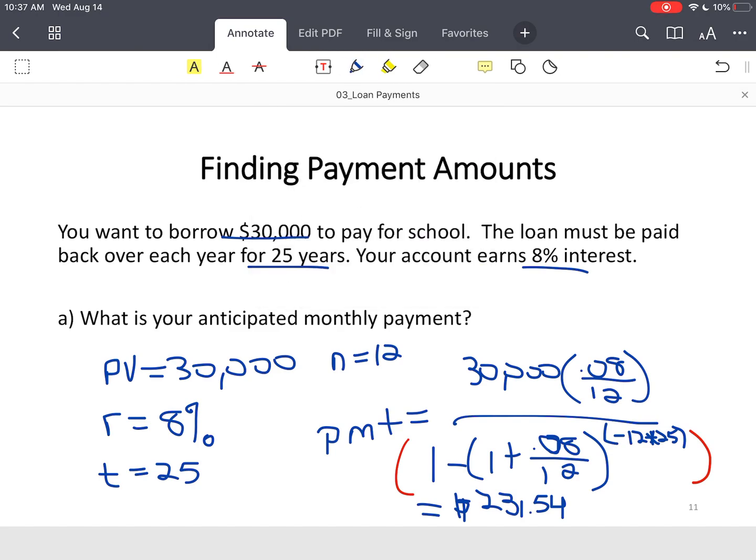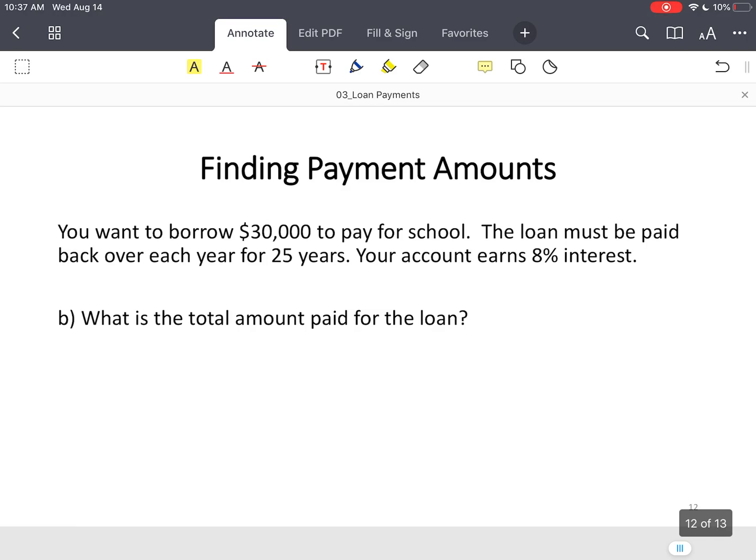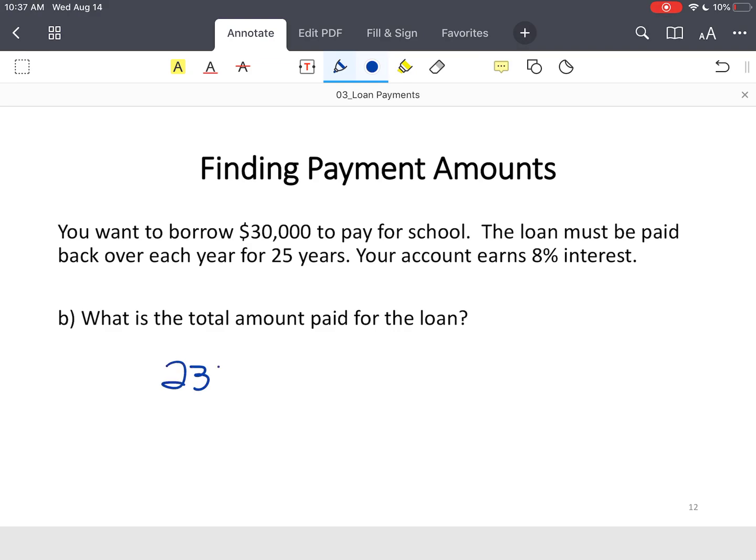So next question is, what is the total amount paid? Okay, you take your $231.54. You're gonna make that payment every month for 25 years. So you multiply.